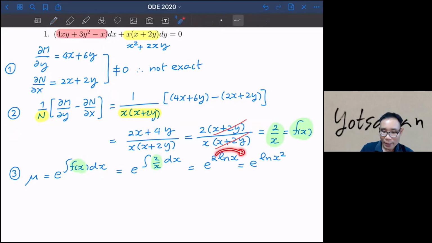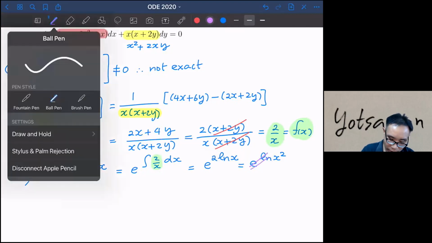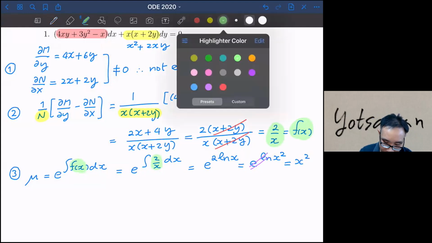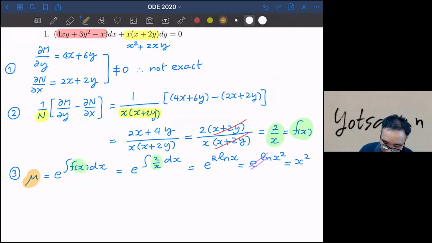The e and log will cancel each other to obtain just x squared. So you have mu equal to x squared, ready for the fourth step.